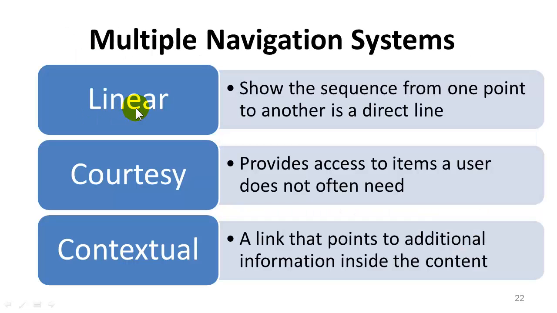You also might see what is called linear navigation, which is more sequential, going directly from one point to another. Courtesy, similar to what we just saw, provides access to items that you may not need but you could. Contextual, and this is some type of link that is immersed in the content.